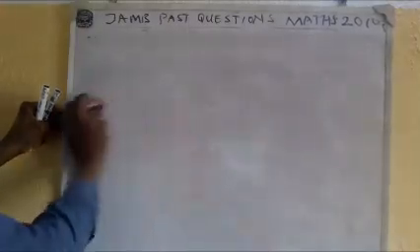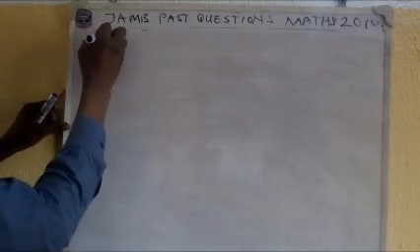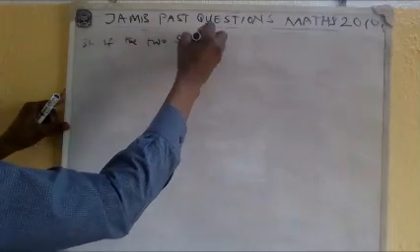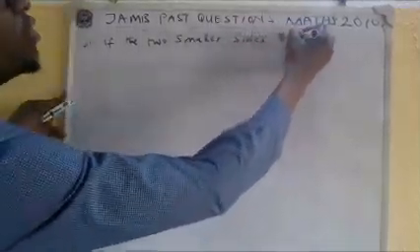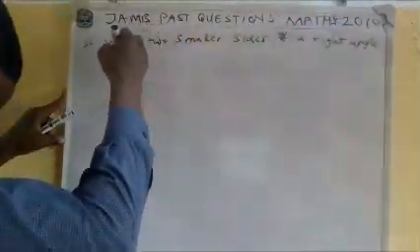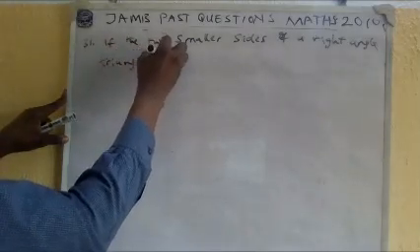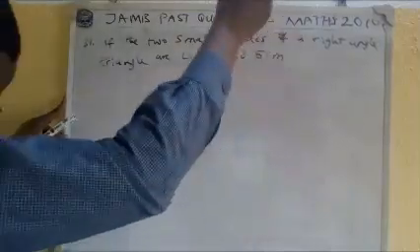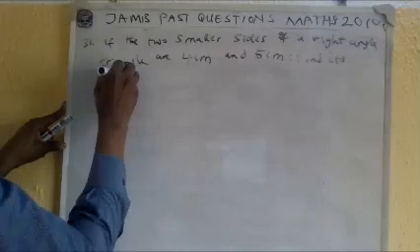Number 31. It says, if the two smaller sides of a right angle triangle are 4 cm and 5 cm, find its area.